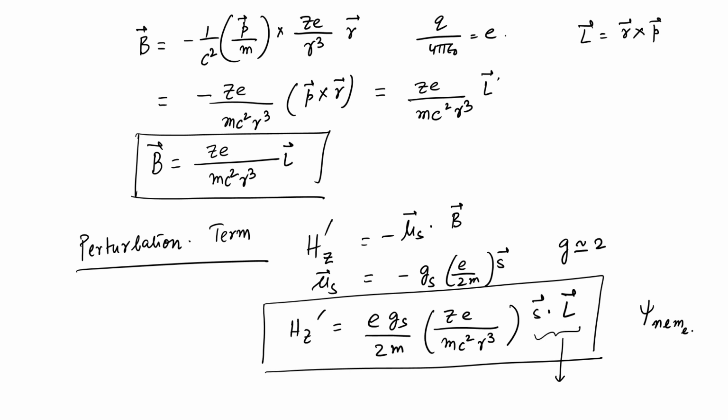All right. So, if you absorb all the terms in some kind of constant, what we have is H Z prime, which is important for us, is nothing but some f of r, and we have L dot S or S dot L, it does not matter, because these are dot products, and some other coefficient which involves the mass, the G S, the Landé factor, the charge, the atomic number, and the speed of light.